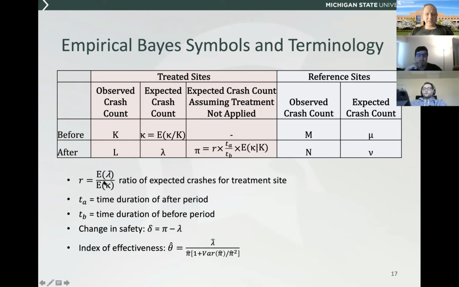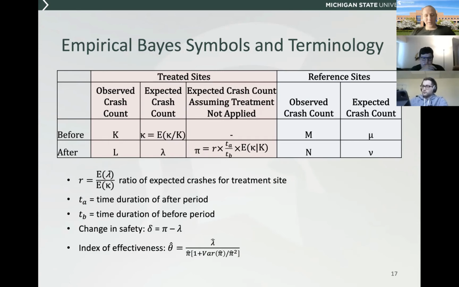And so this is basically simply a more refined estimate than if we had just adjusted by traffic volume. So we plug the traffic volumes into the SPFs, and then we would take whatever that difference in the ratio is between the after period volume and the before period volume. Does that make sense?